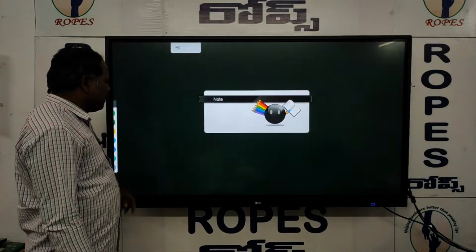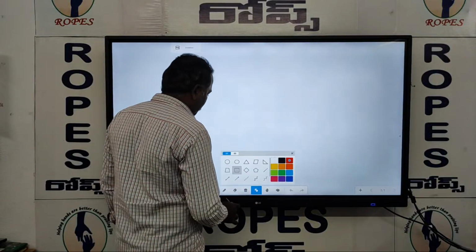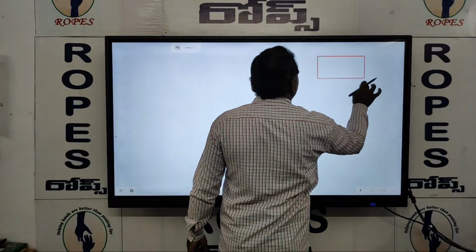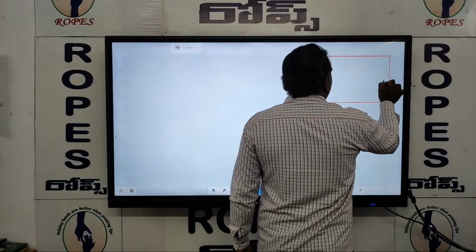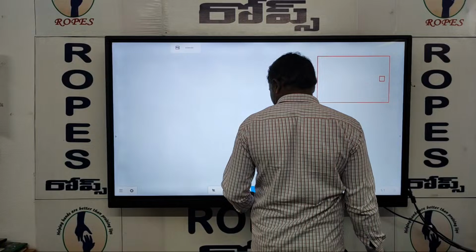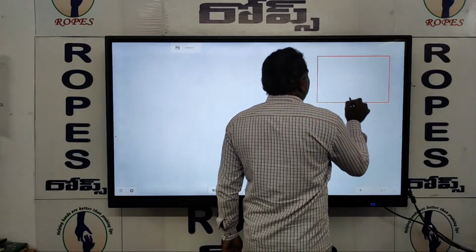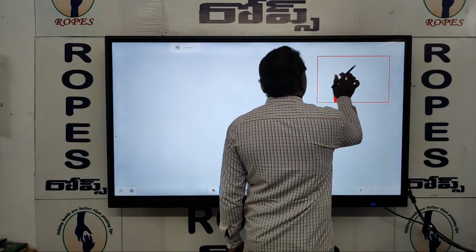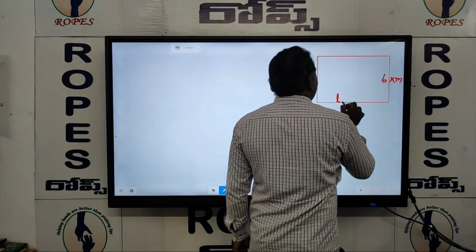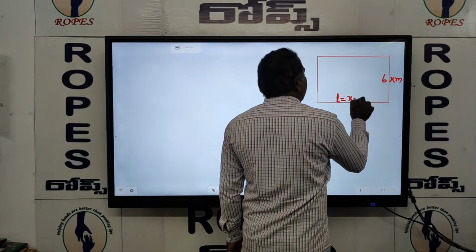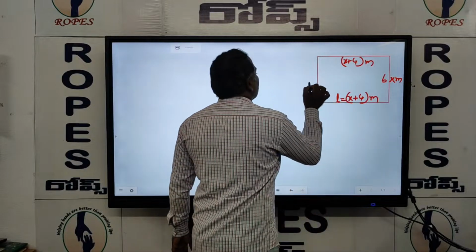Now see, if it is a rectangular garden, then here it is B, and this is L. Then B I am taking as x meters, and L is 4 meters more than its breadth, so x plus 4 meters we can take as L. This is also x plus 4 meters, and this is also x meters.